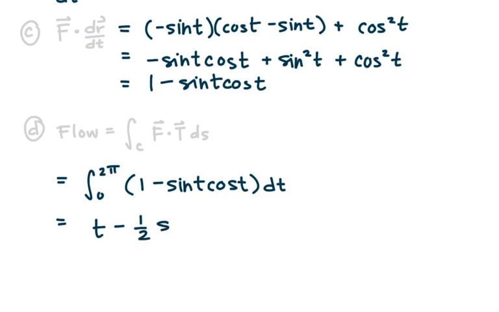We get 1/2 sine squared t, plugging in 2 pi and 0. This will give us our flow. And since it stops in the same place it starts, this flow represents the circulation all the way around that circle. So plugging those values in and simplifying, we find that the circulation is 2 pi.